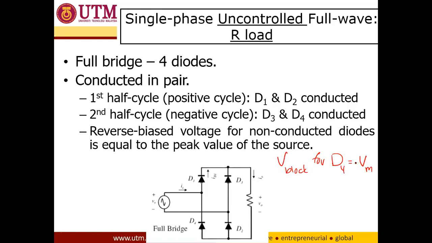In other words, this also reflects the voltage rating of the diode. If you want to buy the diode, this is the analysis that you need to do before you purchase it.